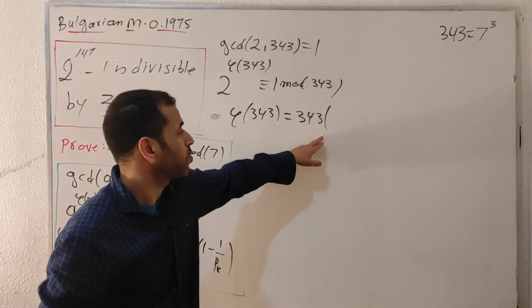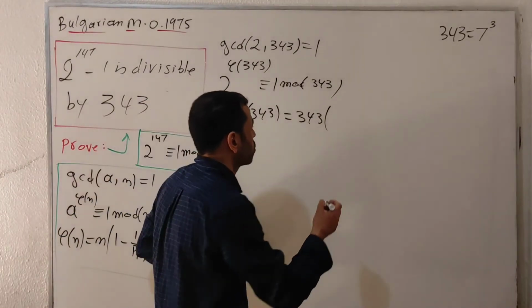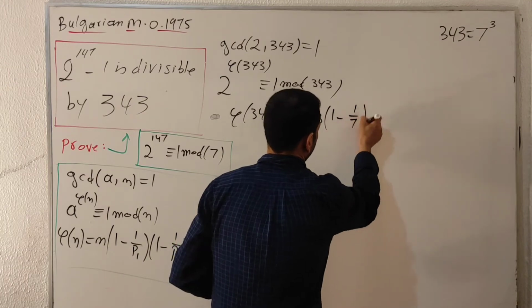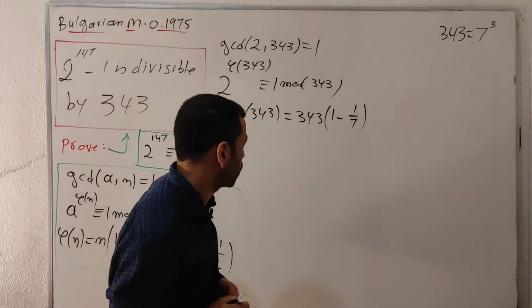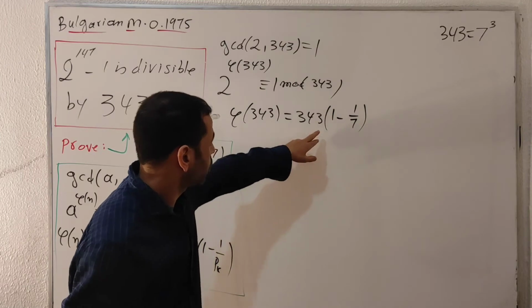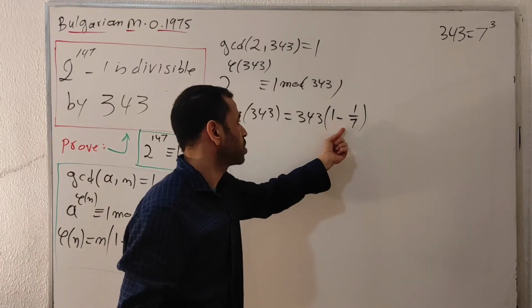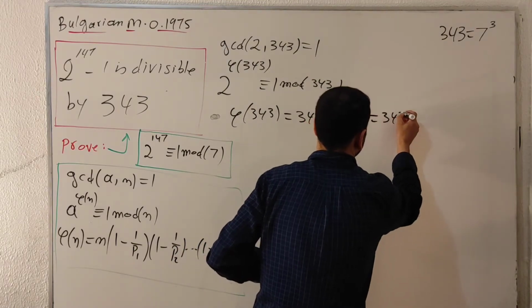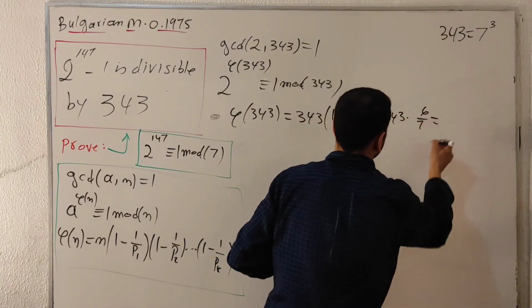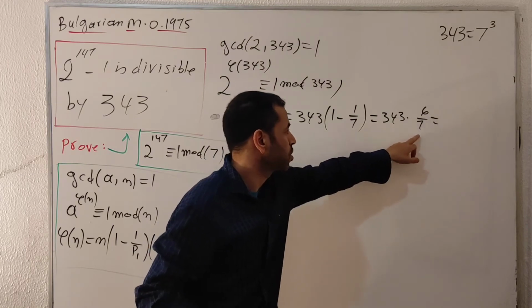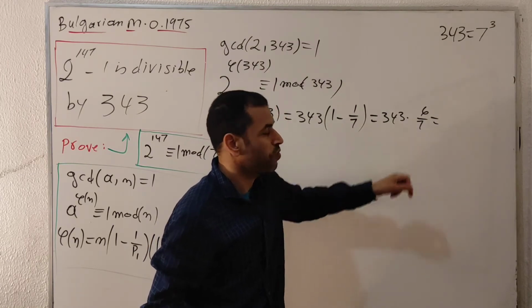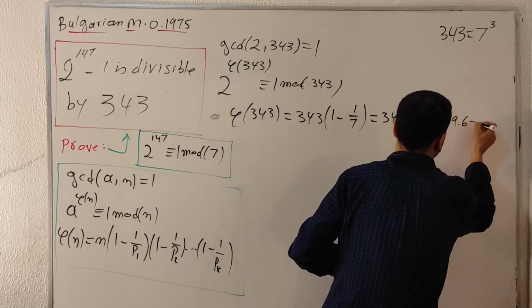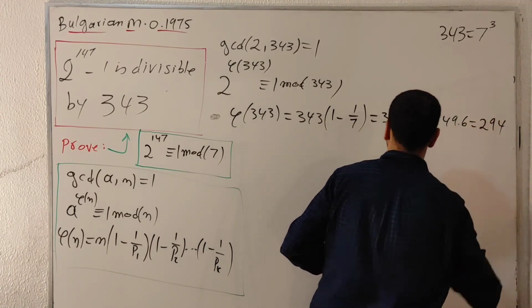It will be written in this form: 1 minus 1 over 7, which is 6 over 7. So we have 343 multiplied by 6 over 7. As we know, 343 divided by 7 gives 49, and 49 multiplied by 6 gives 294.